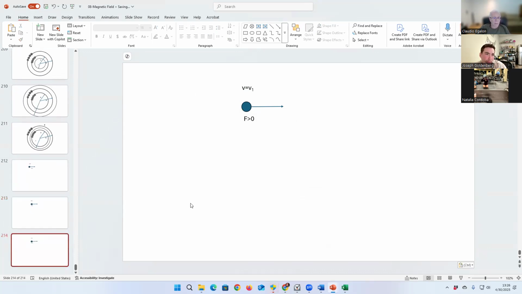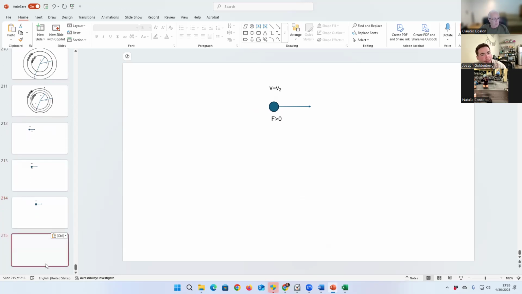The same force still keeps on acting. The particle is going to move further to the right and produce a velocity v2. And so on. The next one is going to be like that.